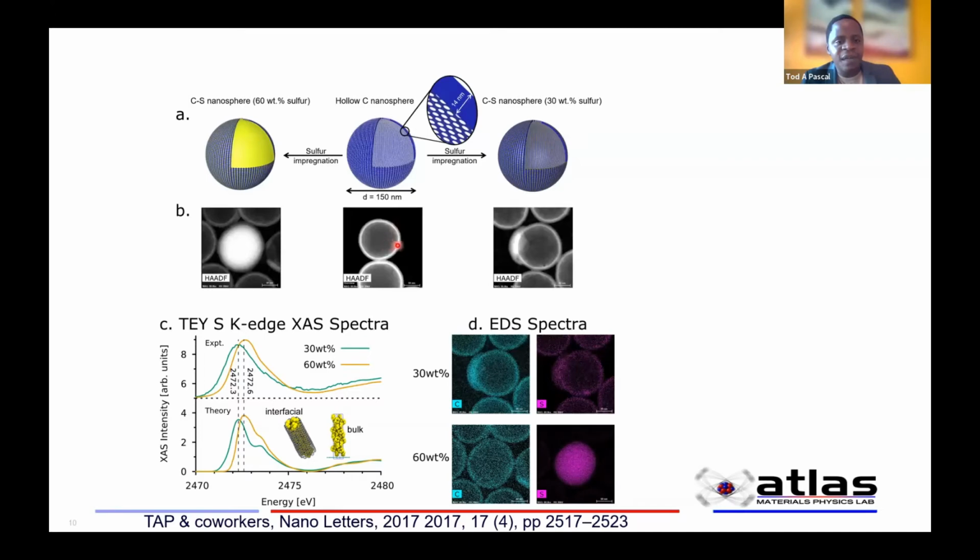And true to form, if you take these low loading versus high loading experiments, you actually see about a 0.3 eV shift in the XAS. So the XAS is very sensitive to the local sulfur environment.